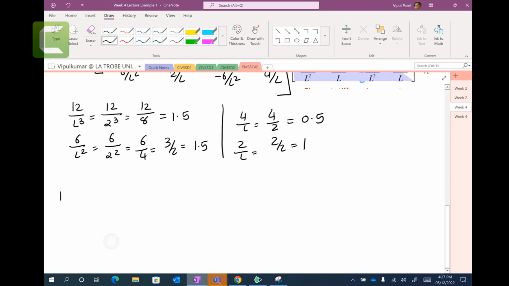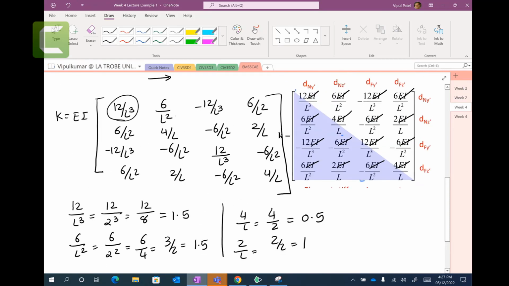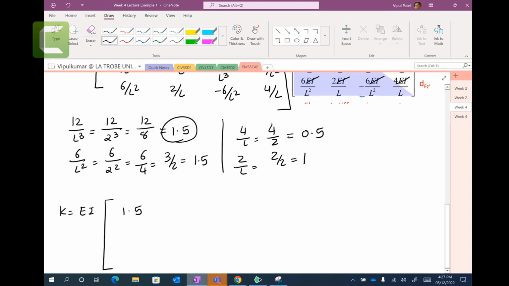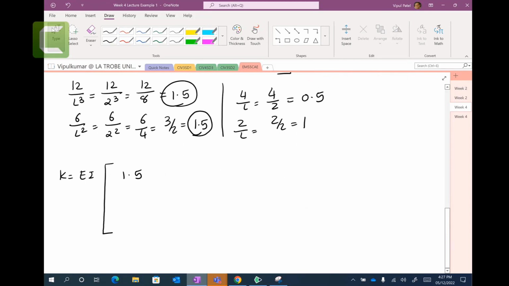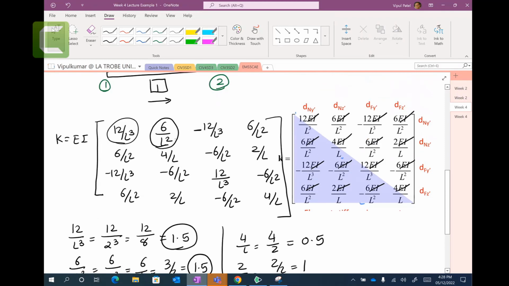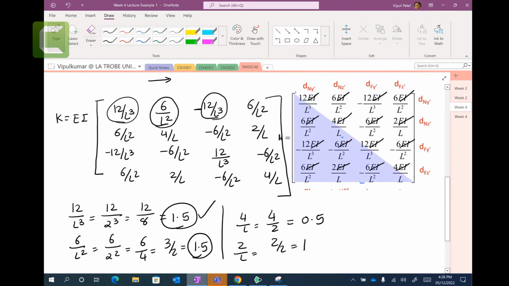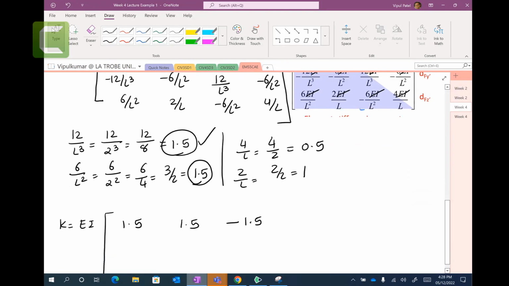So now let's substitute the values. K equals EI times the matrix. 12 on L cubed is 1.5. 12 on L cubed is 1.5. 6 on L square is 1.5. This one has a minus sign, so we put minus 1.5 for 12 on L cubed. 6 on L square is positive, so 6 on L square is 1.5.